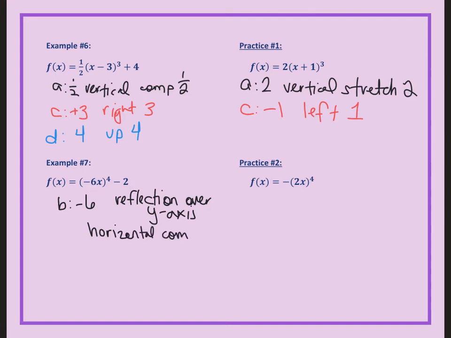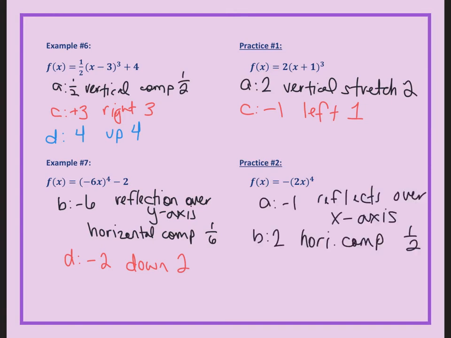Remember, if the absolute value is greater than 1, then it's a horizontal compression, but you have to take the reciprocal of the 6, so it's 1/6. And the -2 at the end is your D value, so this graph is going down 2 units. Okay? Go ahead and pause this video, and I want you to try practice number 2, this one, on your own.